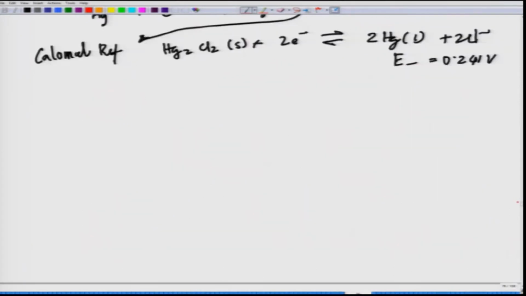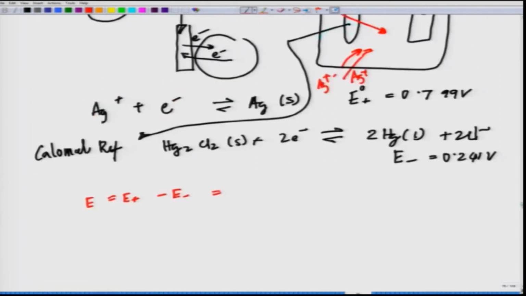So, now if you look at it, the way the equation will pan out will be E plus minus equals to, we have already talked about the values, right, 0.799. Okay. Now, let me plug in the values.